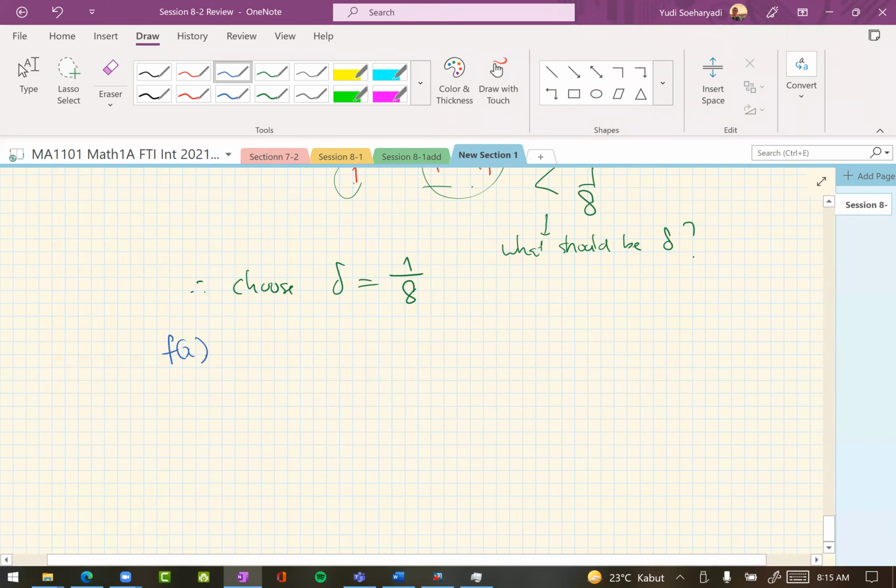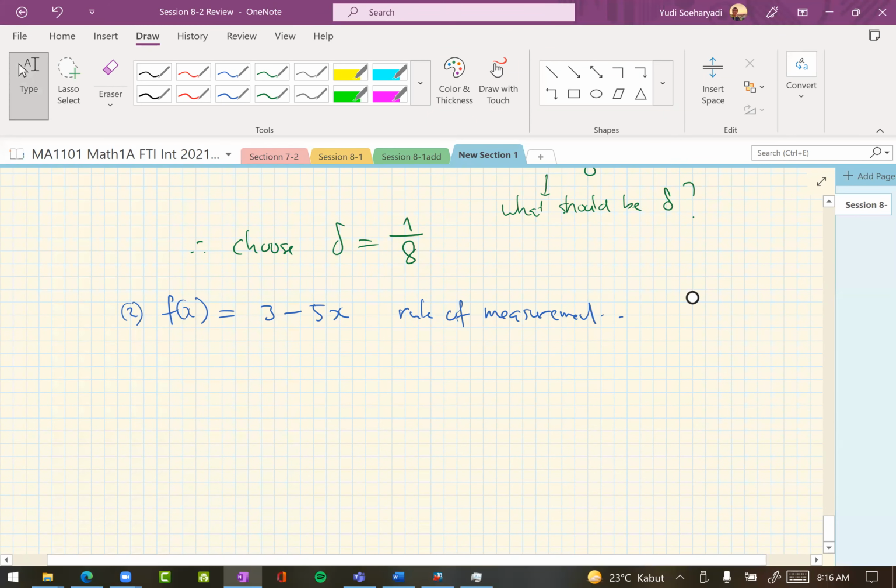f of x is, say, your measurement: 3 minus 5x plus 1. That's your measurement. So then you would like to measure around, say, around 1.